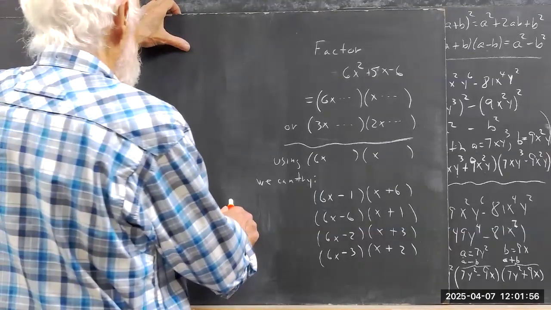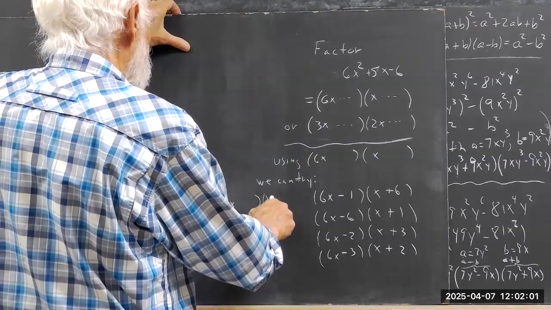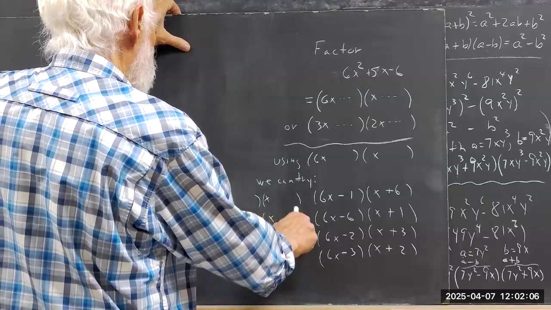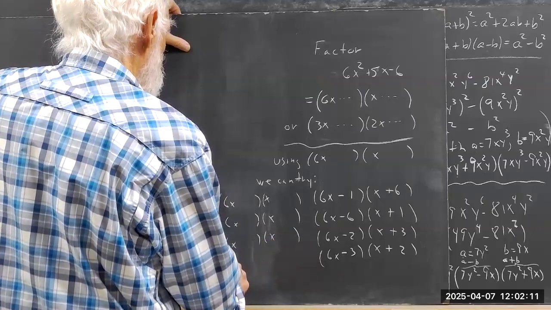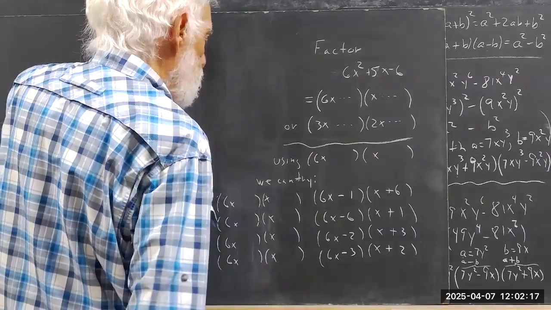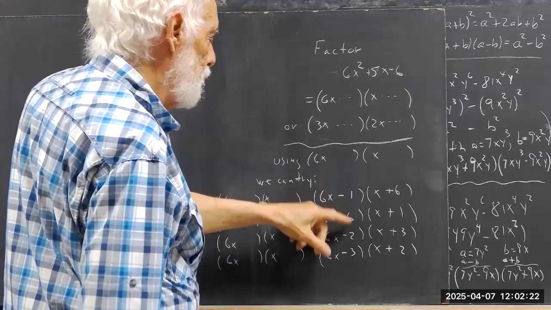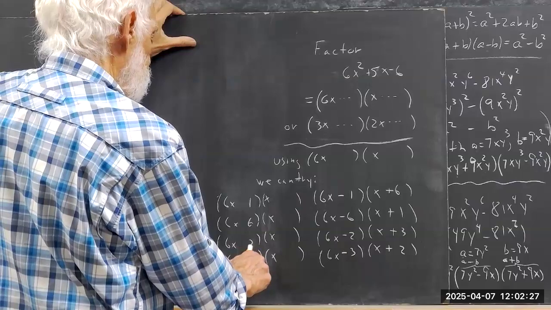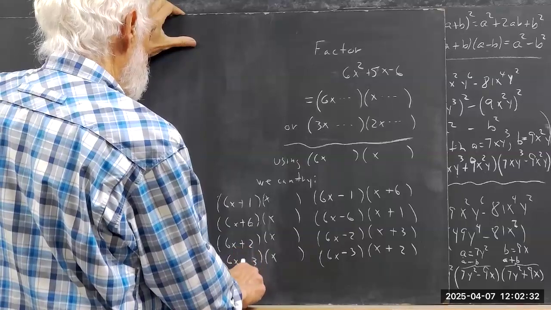So I could also write just write out the form here. Every one of these. And I'm going to use the same numbers here. 1, 6, 2, 3. Then I'm going to make them plus instead of minus.